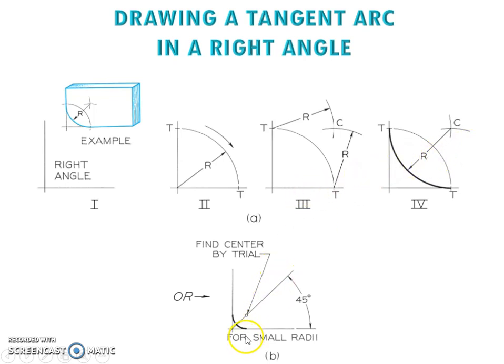What if the radius is so small that it is impossible for you to use the compass? How do you find the point for the center of this arc? What you have to do is divide this part into 90-degree, so the center must be on that 45-degree line.